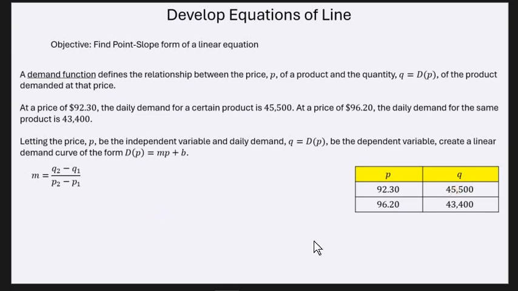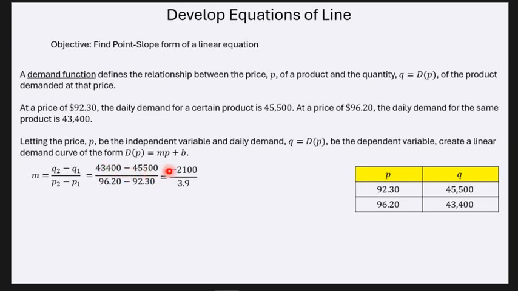So Q2 is 43,400 and Q1 is 45,500, while P2 is 96.20 and P1 is 92.30. So putting those into the formula, we get this formula here. 43,400 minus 45,500 divided by 96.20 minus 92.30.